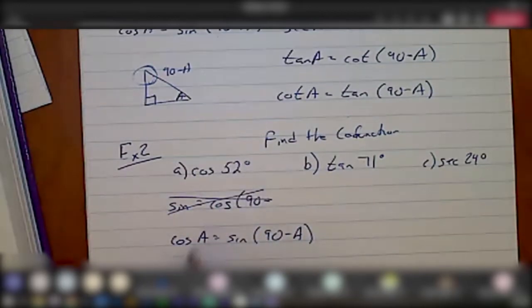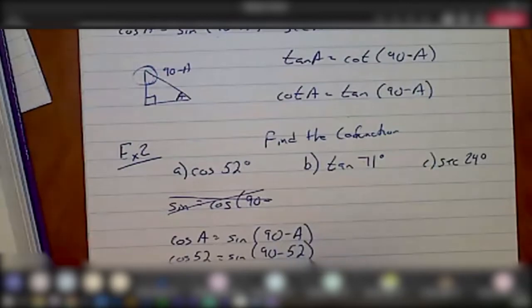When I plug that angle in, cosine of 52 degrees equals sine of 90 minus 52 degrees. So the co-function, cosine of 52 degrees, is the same as sine of 38 degrees. That's the answer.